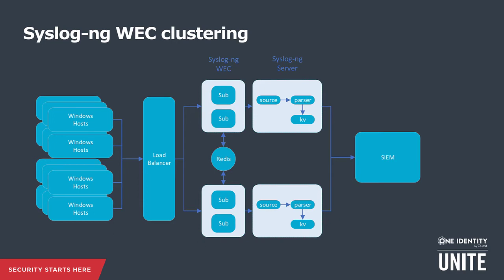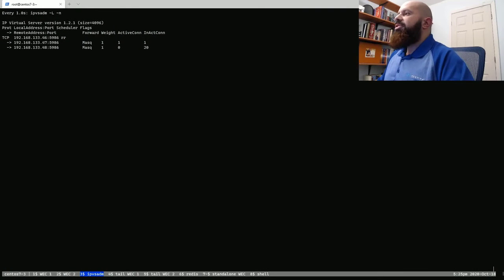So first of all, this screen here, what I'm showing you is that we have two IP addresses behind a load balancer. So the Windows servers will be sending logs to a single IP, 133.46, but the connections will be round-robined across my two WEC nodes on 47 and 48.